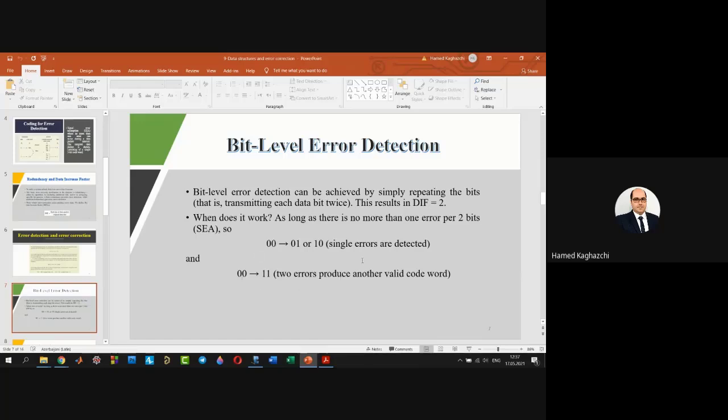Now, in the case of single error, if I have, for example, 2 errors, look at here, 0011, this is another code word. I cannot detect the error. Only if I have a single error using 2 redundant bits, I can detect the data.